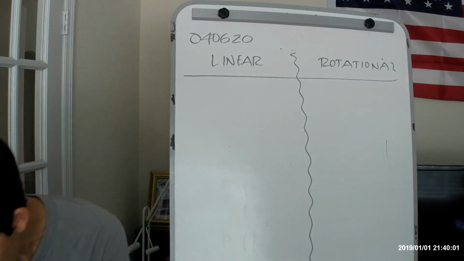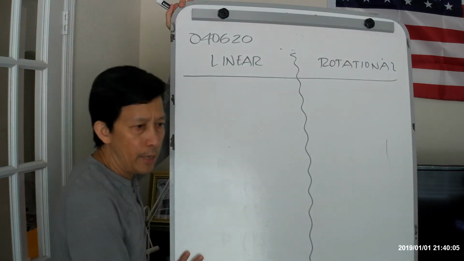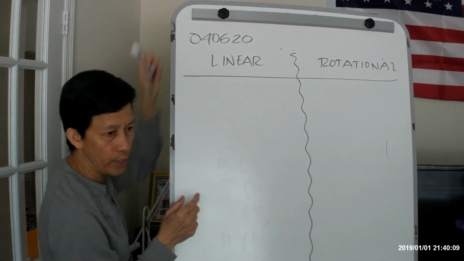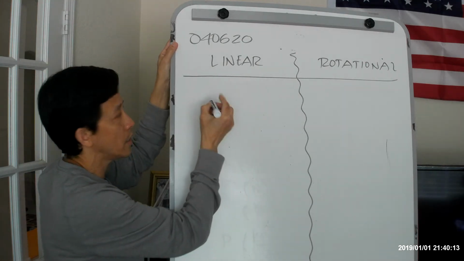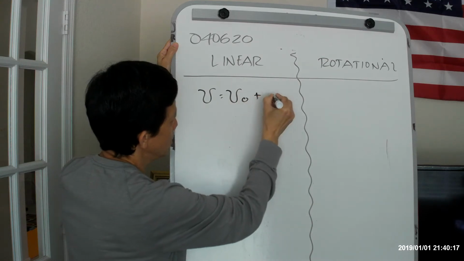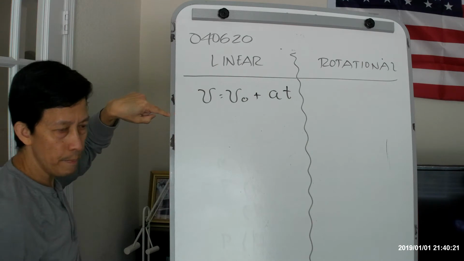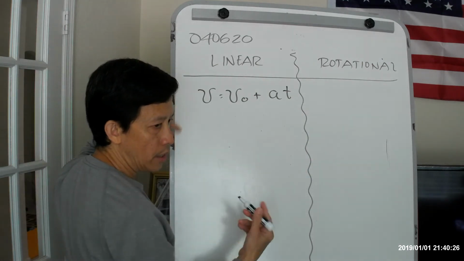Now again, everything we have learned in linear kinematics applies to rotational. Remember this: v = v naught plus a t, equation 1. Can I use this for rotational?